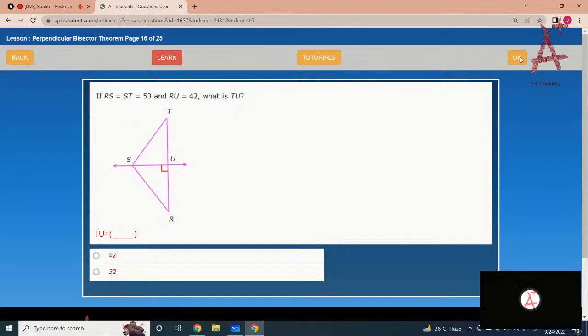Okay, the next one is, if RS equals ST equals 53 and RU equals 42, what is TU? RU is 42. So then TU is, yes, it is also 42. Got it.